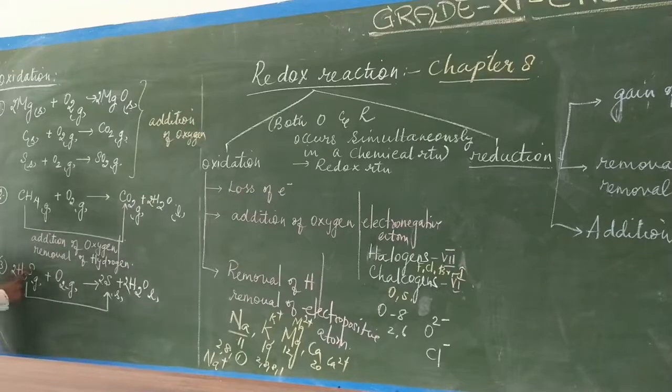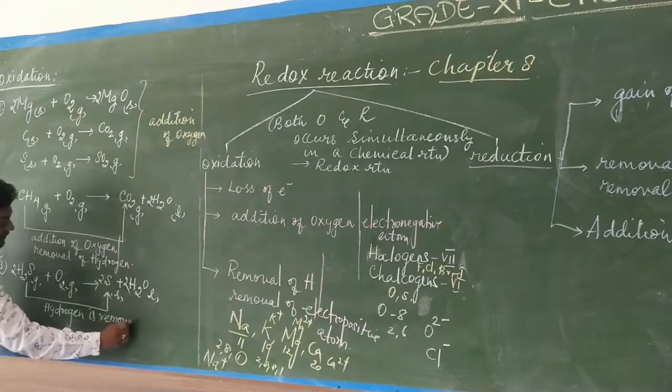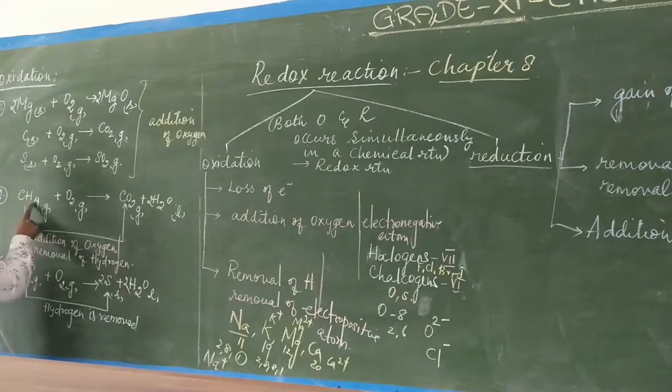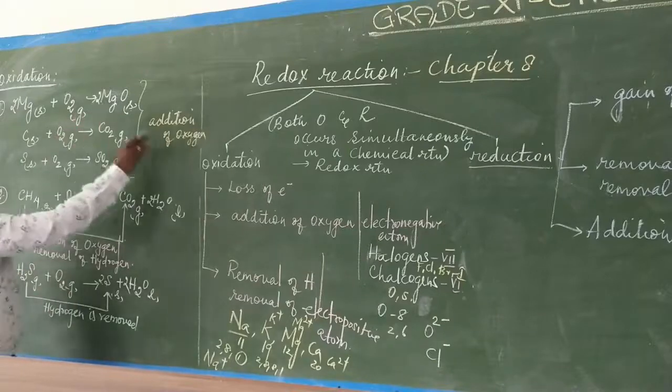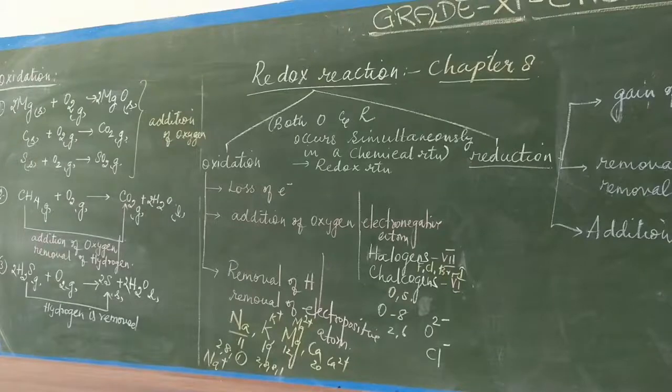So the hydrogen has got removed from sulfur. Only hydrogen is removed, oxidation. In the earlier case, oxygen has got added to the carbon and hydrogen has got removed from the carbon, both taking place simultaneously. Again, it is also an oxidation. Even if only oxygen has got added, we are calling it oxidation. Can you understand now?